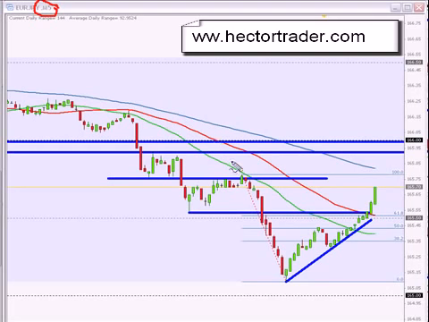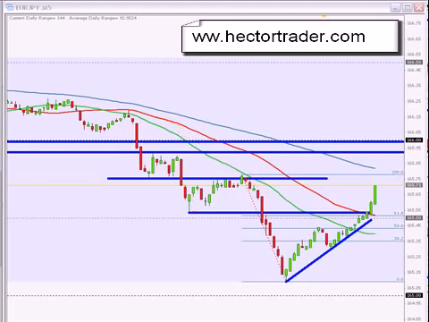Okay, have a look here. Moving averages all pointing down, clearly trending markets to the downside. Price swings down, retraces back to the dynamic area of support with a confluence of elements.